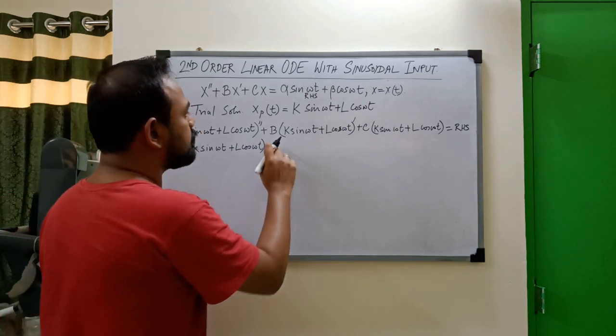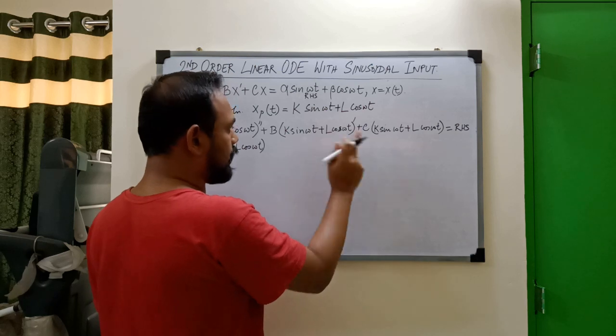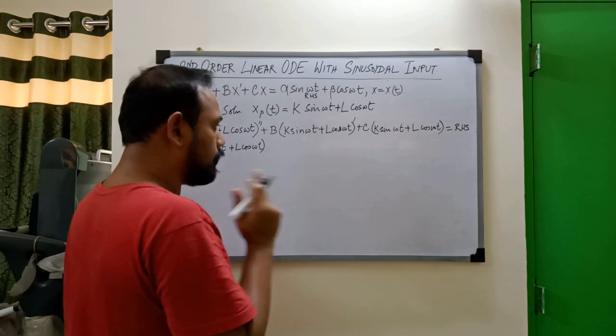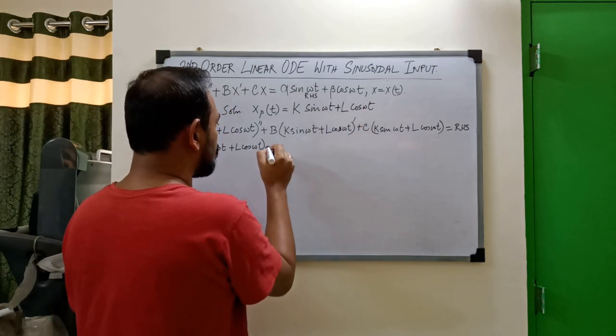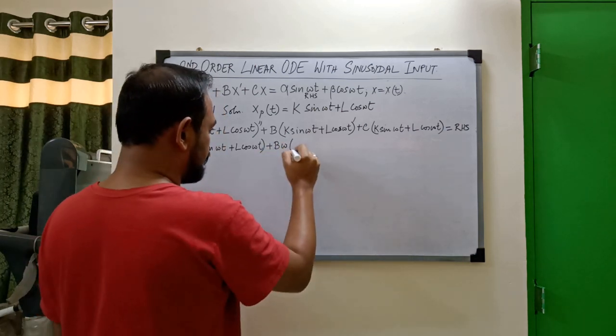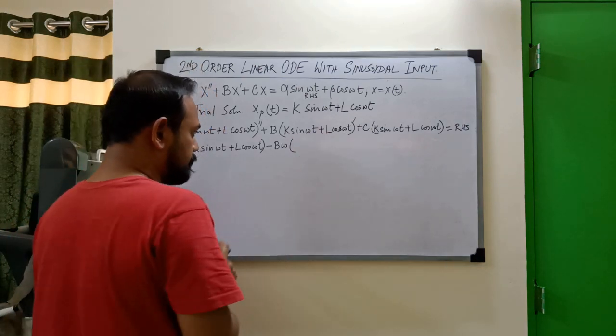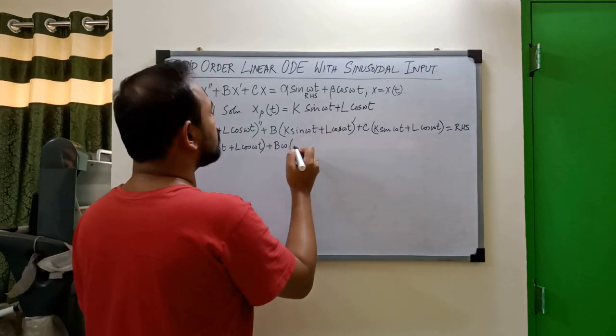For this one, if you differentiate both the terms, you will have an omega coming out only once, because the differentiation is only once. So I'll have an omega, which is common in both of them as a coefficient.